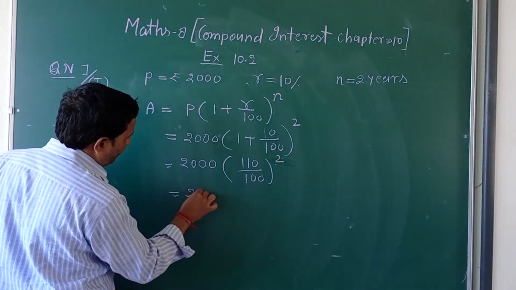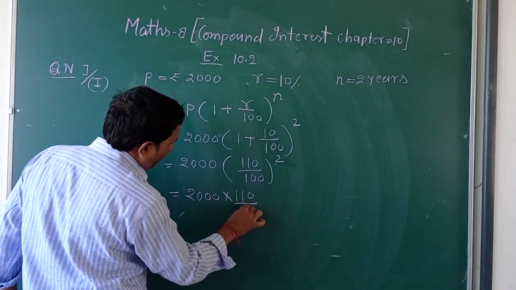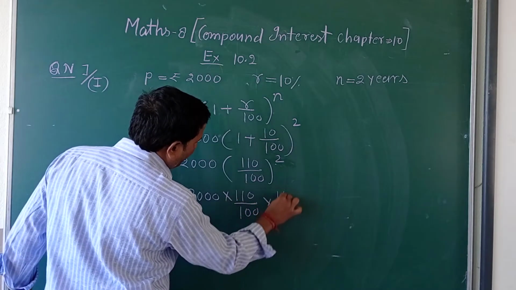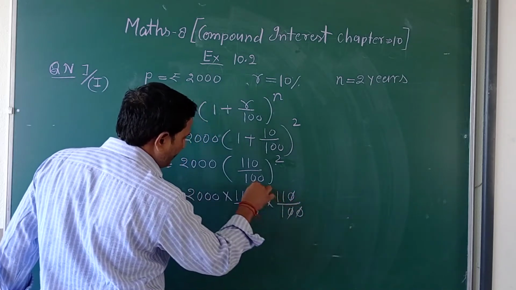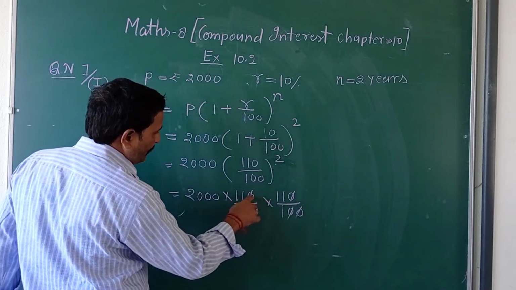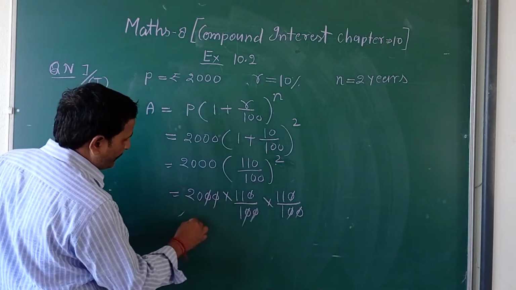Now 2000 into 110 upon 100, 110 upon 100. See, 20 cancels by 20.